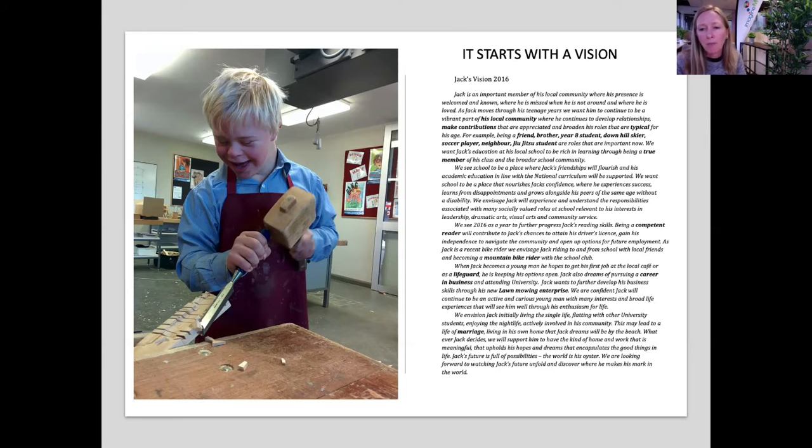So I highlighted those because that's going to take us through the rest of the presentation around where we're going to be focusing while we're thinking about recruiting a support worker.